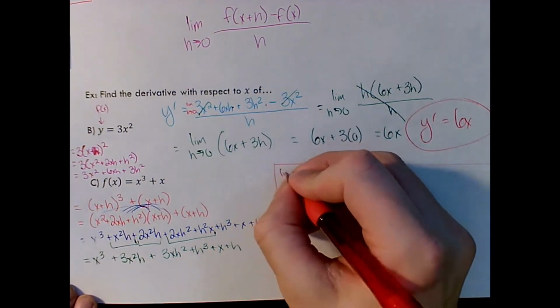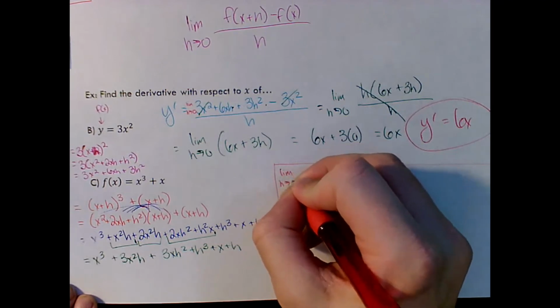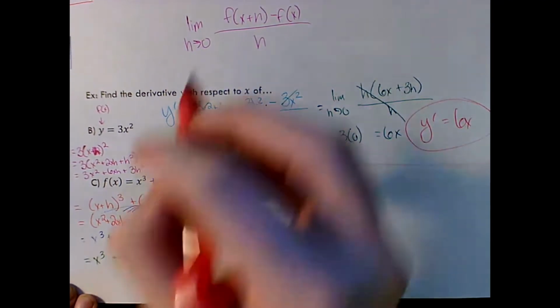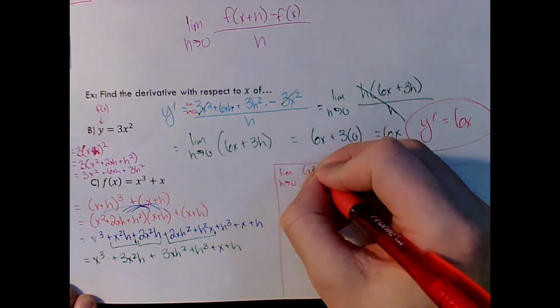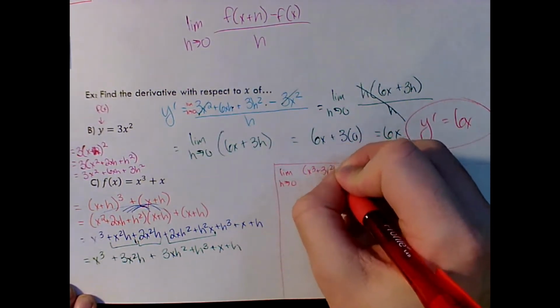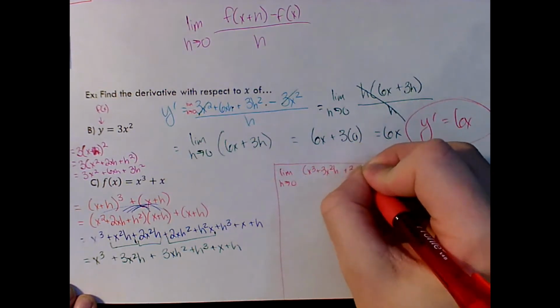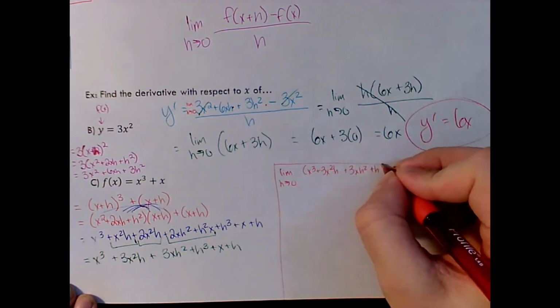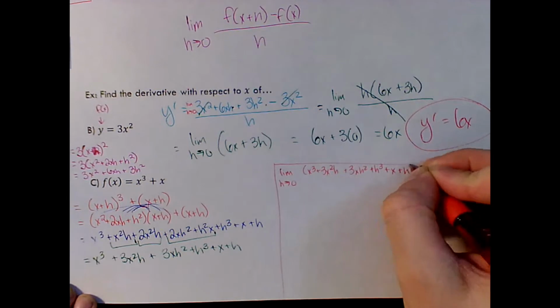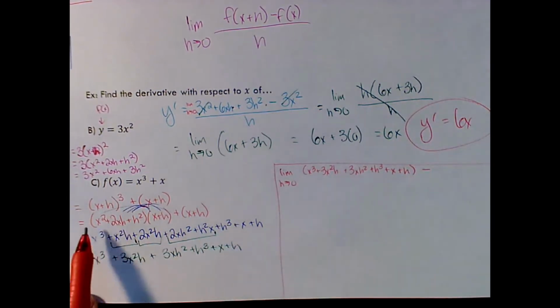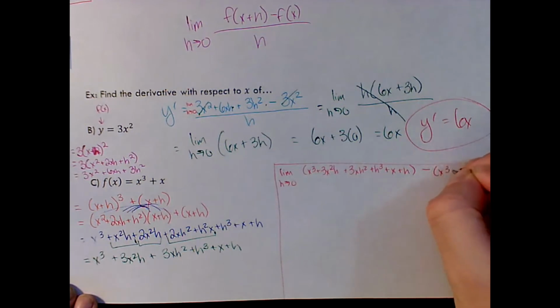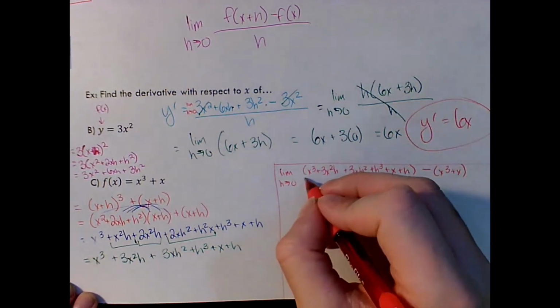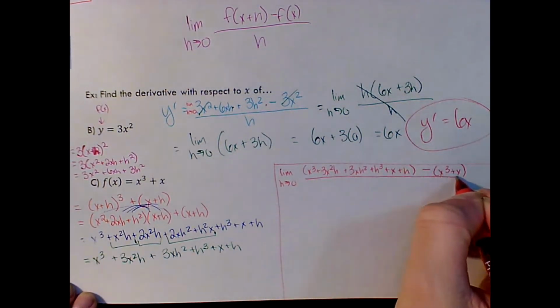The limit as h approaches 0 of f of x is that monster: x cubed plus 3x squared h plus 3xh squared plus h cubed plus x plus h, minus f of x, which was x cubed plus x, all over h.